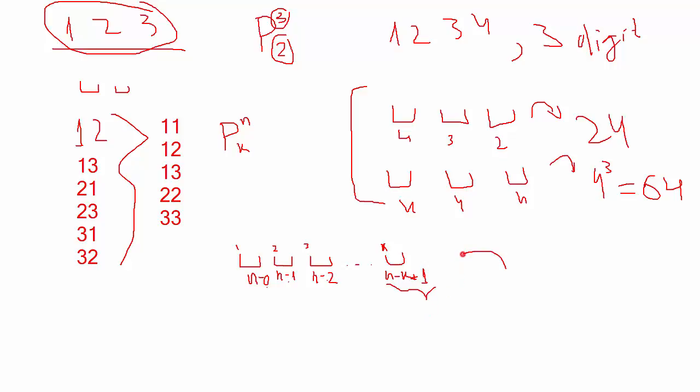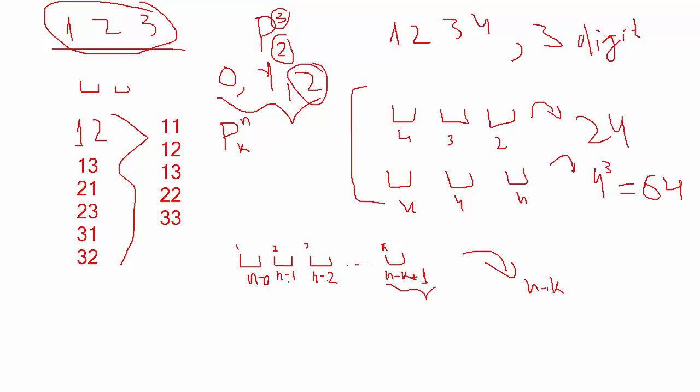If I ended at n minus k, this would now be k plus 1 elements. It's like if I start from 0 and I want to count to, let's say, 2. Here we have 3 elements and not 2, which is the final number in the sequence.